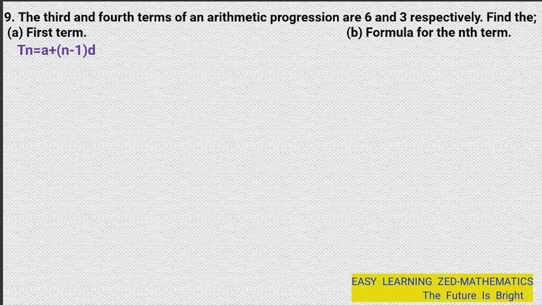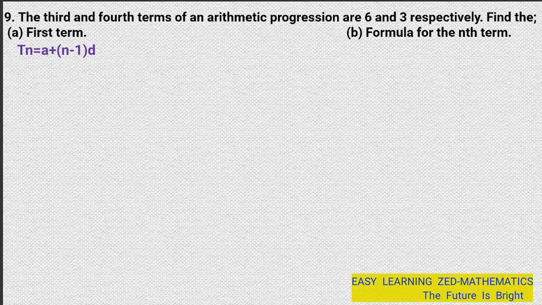Okay, so in our question we are given the position and the term which is on that position. As you can see, third position is occupied by 6 and fourth position is occupied by 3. That's why you can see the word respectively there. It's saying in that order.